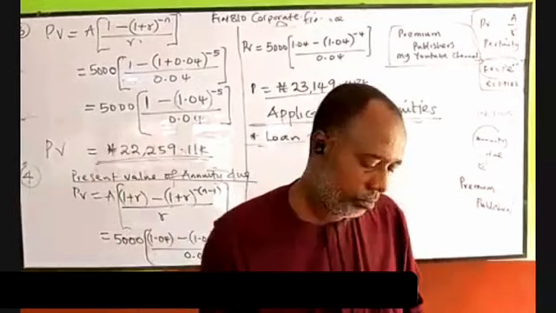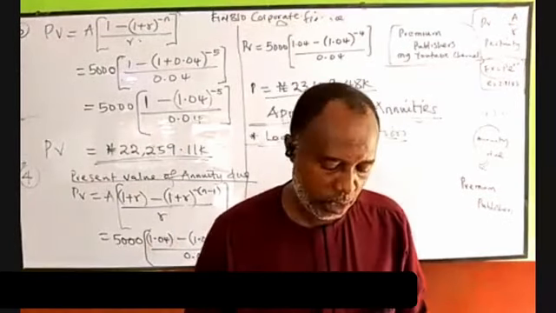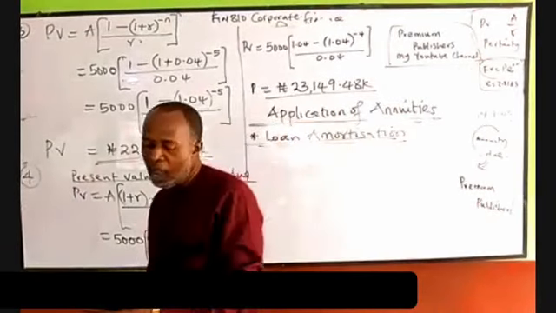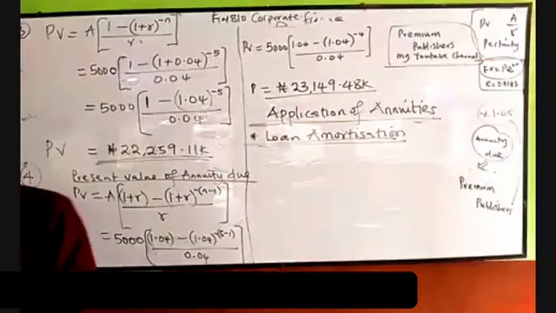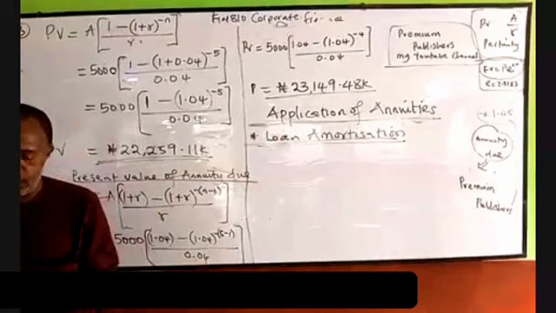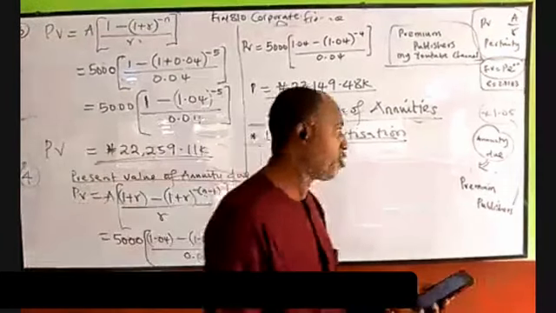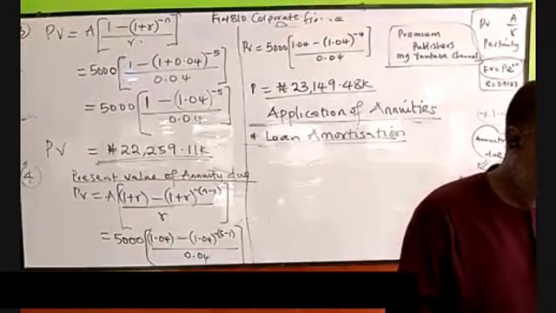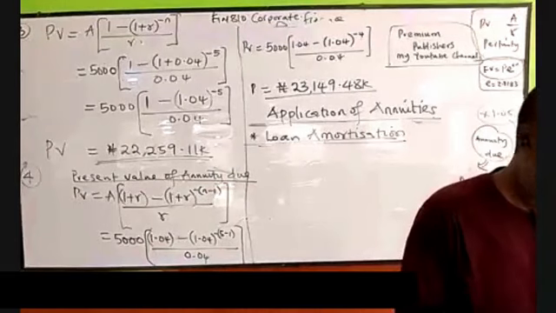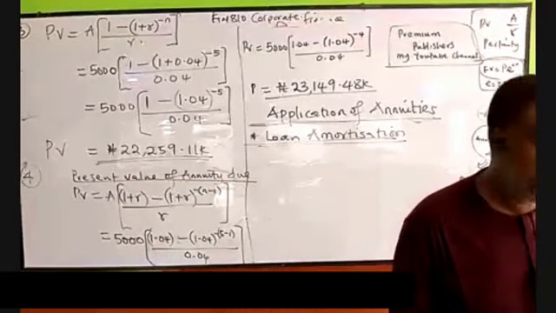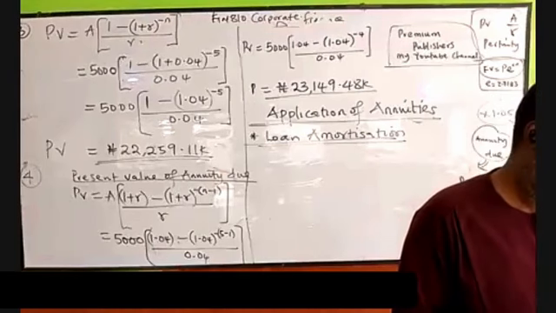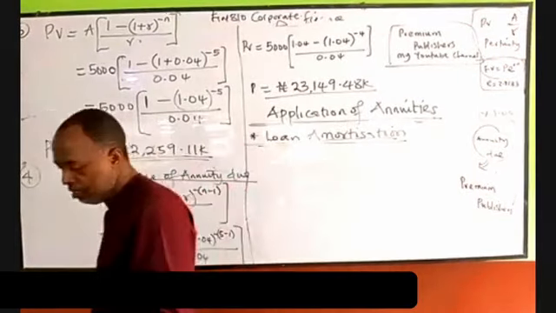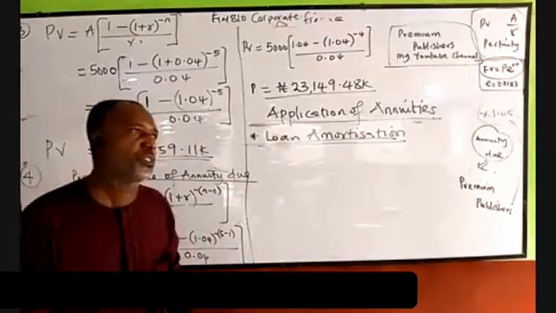If the loan is repaid in 4 annual installments, at the end of each year, and the interest rate is 6% per year.